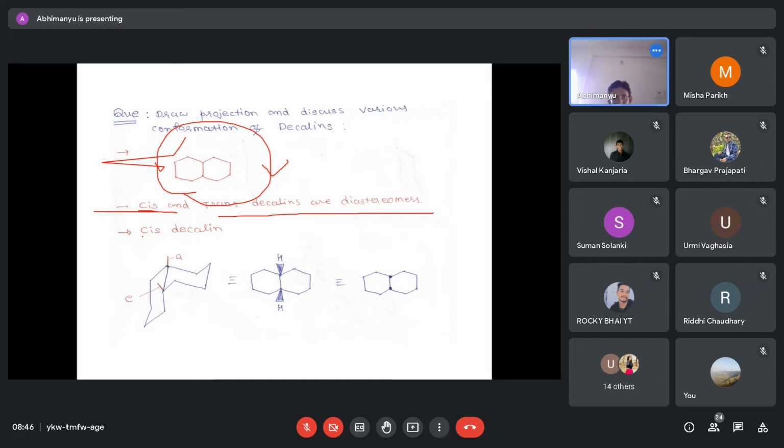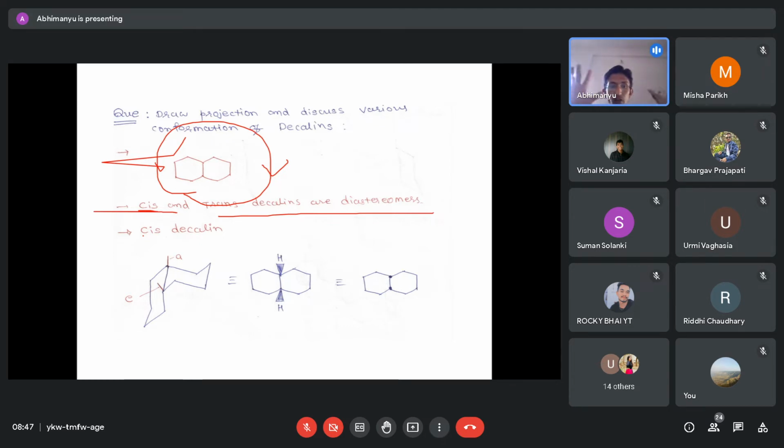First possibility is mirror images which are superimposable. If both are superimposable on each other, then they are identical molecules. Another possibility, mirror images which are non-superimposable. This one is the enantiomer.